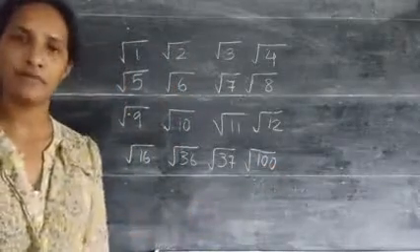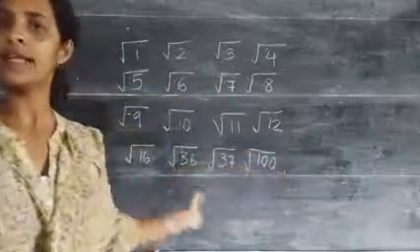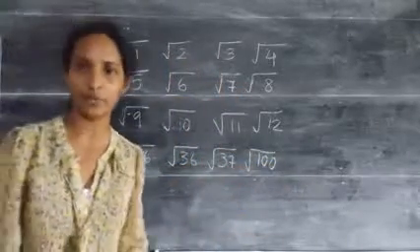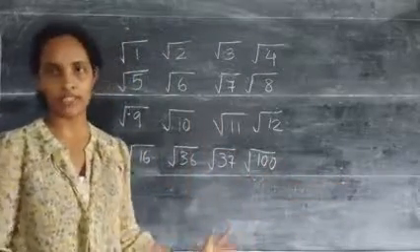I've taken some random numbers. First, I've taken some in order to show you, and then I've just taken a few numbers from between because I cannot write all the numbers. So I'm taking a few examples just to explain this to you.